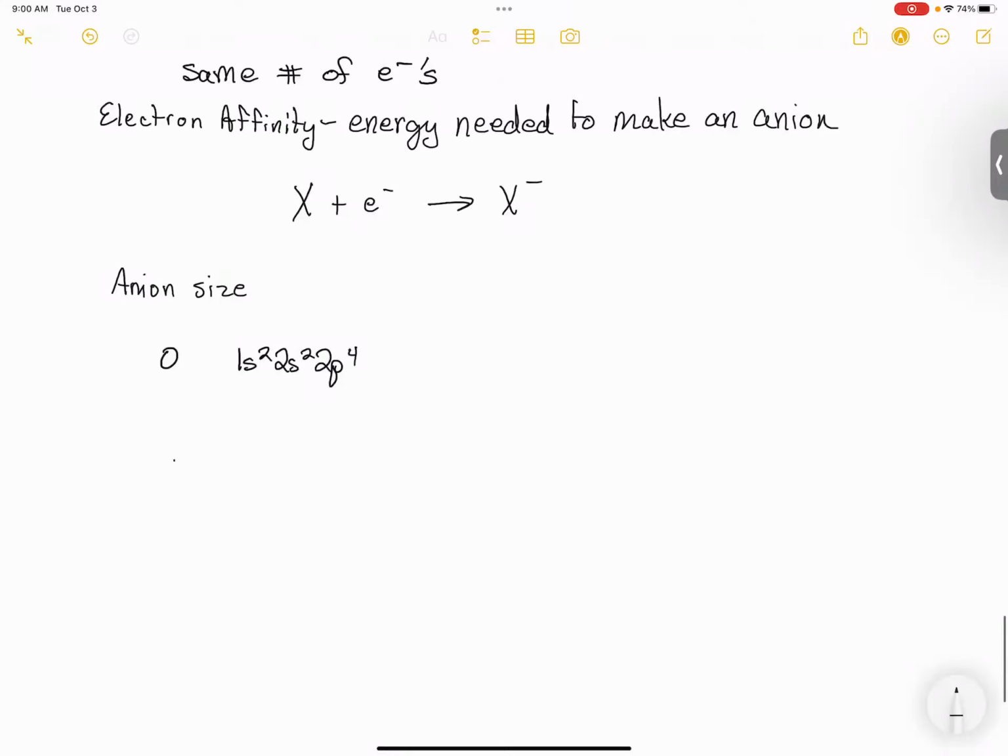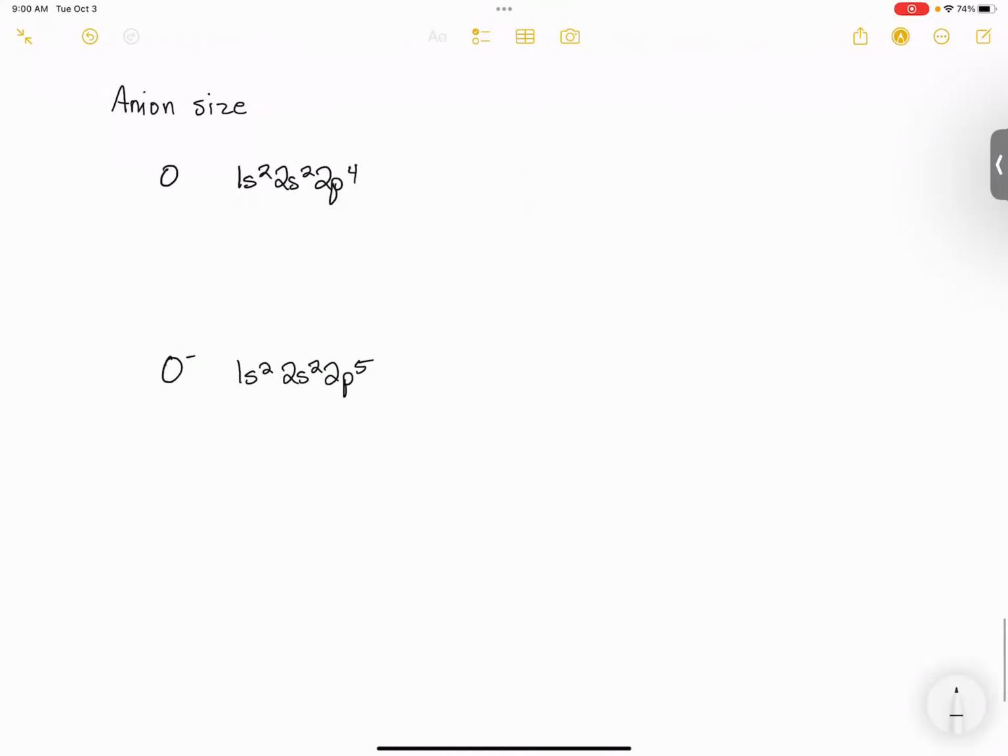And let's make O minus. That's going to be 1s2, 2s2, 2p5, because we've added an electron to make it a negatively charged ion. And then let's make O2 minus: 1s2, 2s2, 2p6.